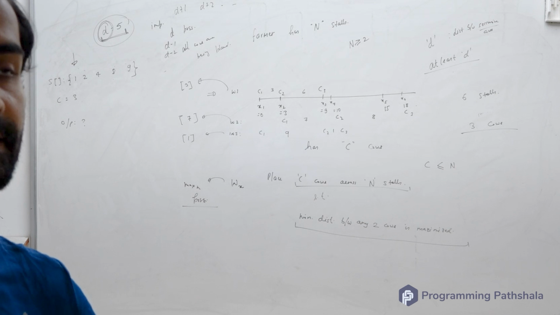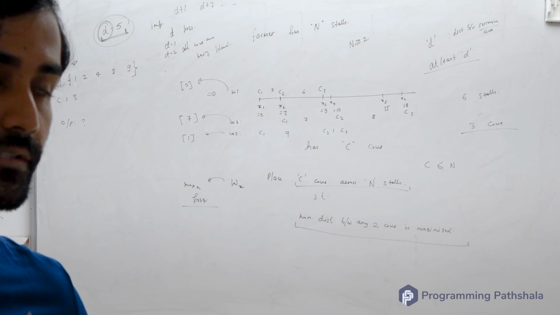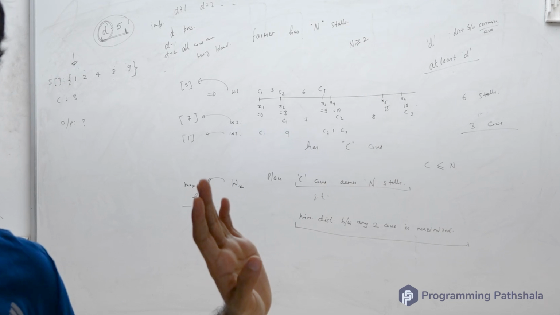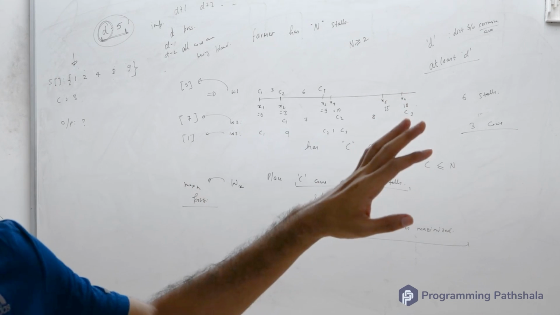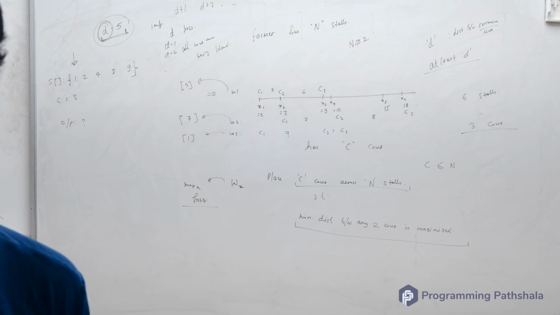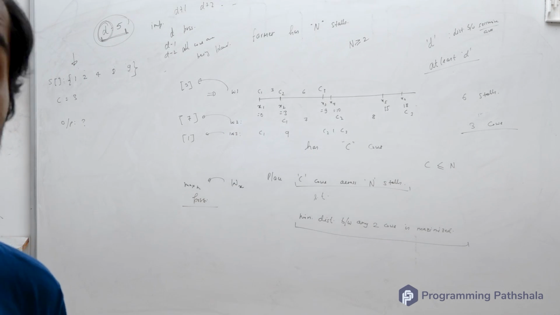If you are able to place the cows at a distance of 3 each, and by 3 I mean at least 3, it could be more than 3 also, then you can place them at a distance of 2 also, right? Because again by 2 I mean at least 2.